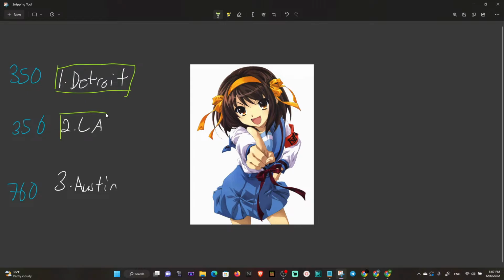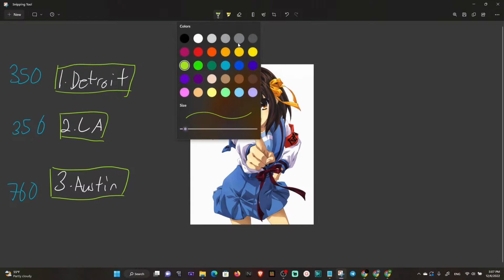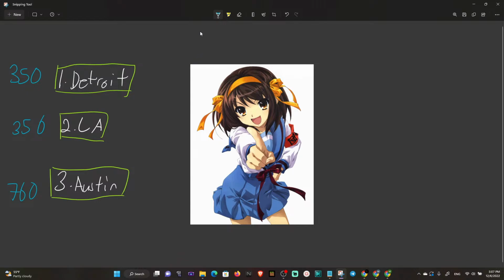Normally these would be circles, but this isn't a tree, so I don't care which shape it is. Then let's do teal for 500, 500, 500, and 500.